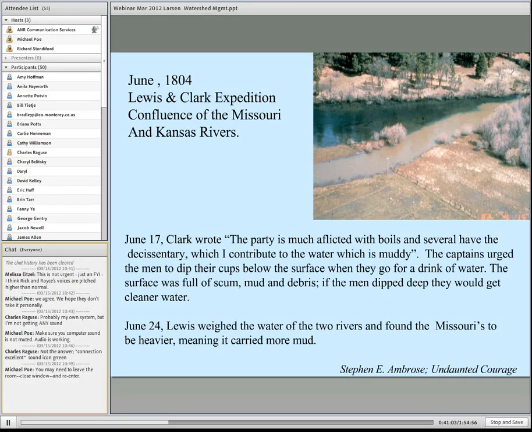So the captains urged the men to dip their cups below the surface when they go for a drink of water. The surface was full of scum, mud, and debris. And if the men dipped their cups deep, they would get cleaner water.